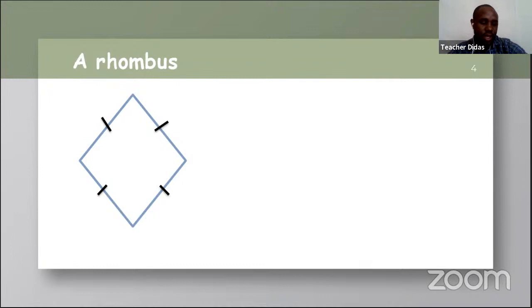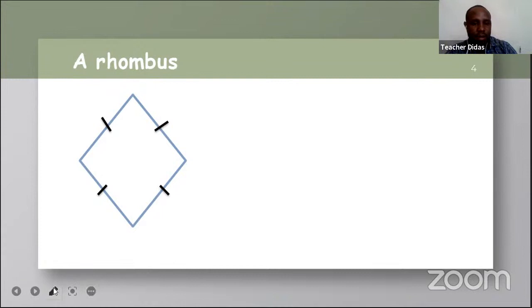The first side is here, 1, 2, 3, 4. Then all those sides are equal. This one is equal to this one, and is equal to this one, and is equal to this one. So it is called the what? Rhombus.